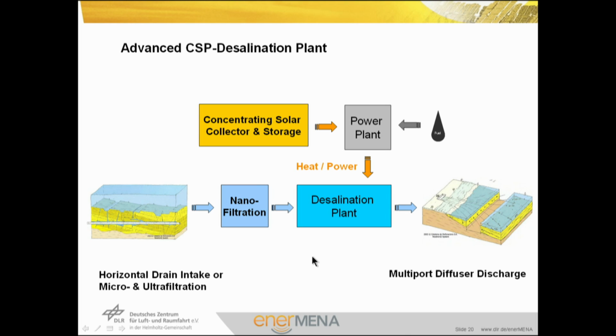It would have very low environmental impacts, but all these components require more energy than the conventional desalination plant. And providing more energy by fossil fuels, of course, again would lead into a problem. But providing more energy to the desalination plant by solar energy may lead to a future sustainable supply.